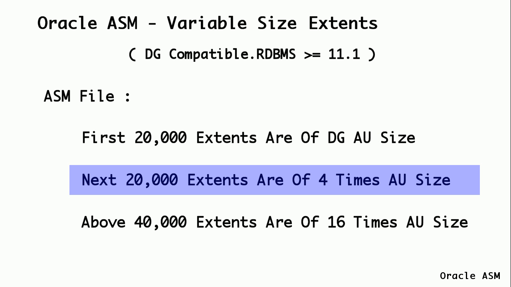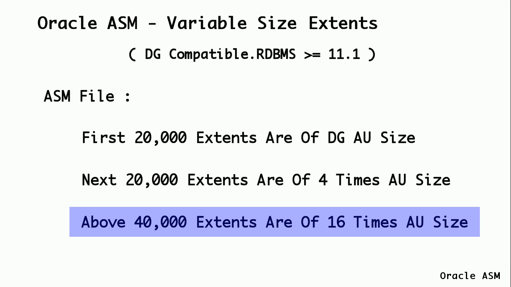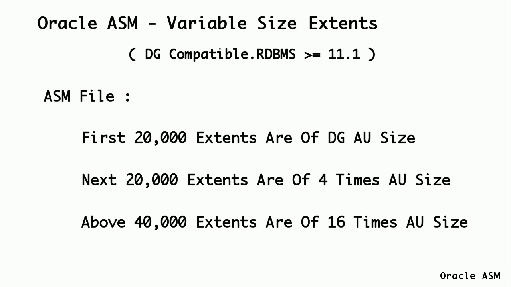Next 20,000 extents are of 4 times allocation unit size. All extents beyond 40,000 extents are of 16 times allocation unit size. Variable Size Extents feature handles large files efficiently and reduces System Global Area memory requirements for very large databases. This feature improves performance for file handling operations.